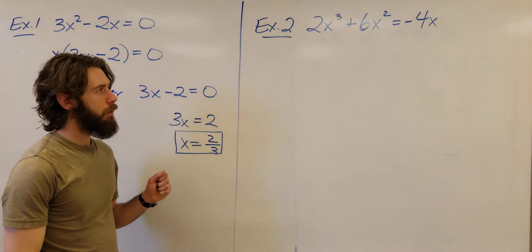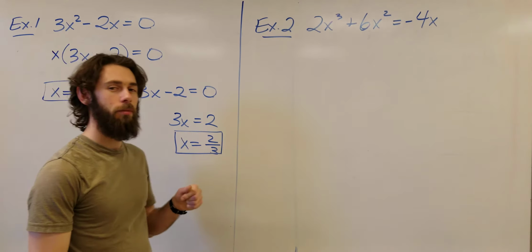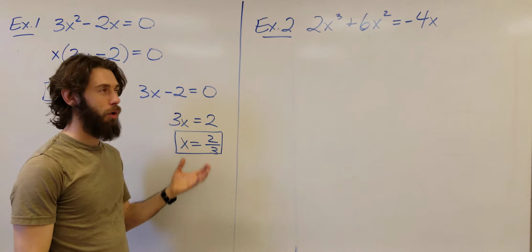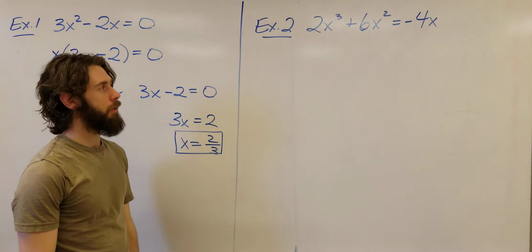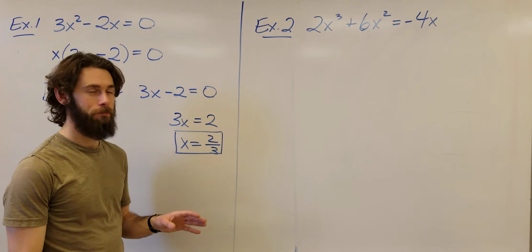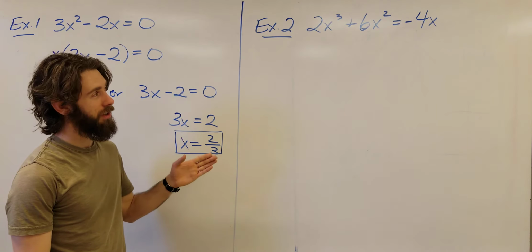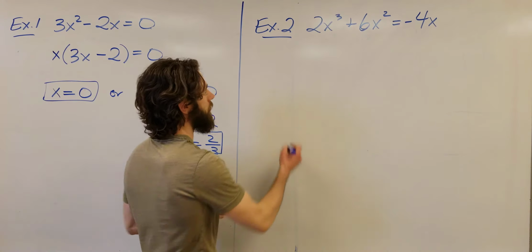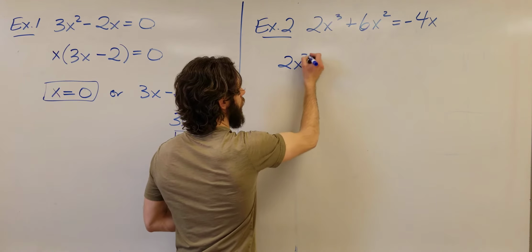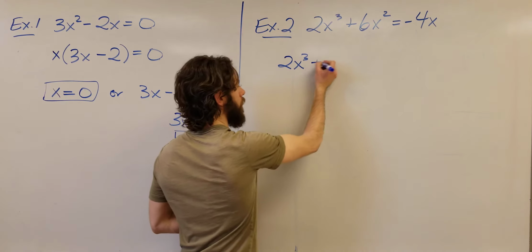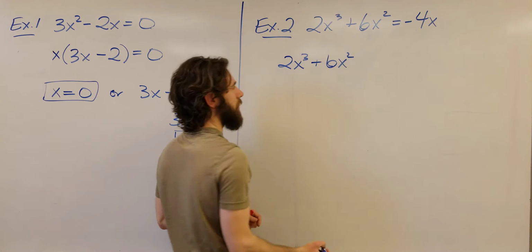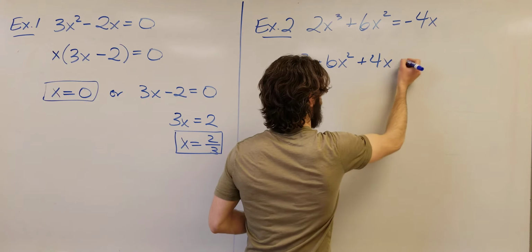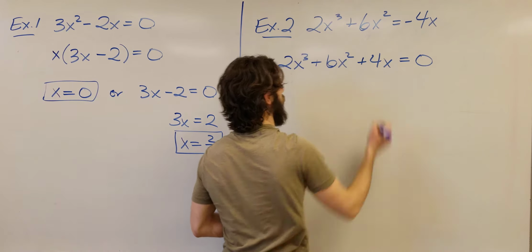Now, remember that our first step when we are trying to solve these is we need to get one of the sides equal to 0 and get everything else on the other side. So the first thing we have to do here, we're going to need to move that 4x over. So let's rewrite this. 2x cubed plus 6x squared plus 4x equals 0.